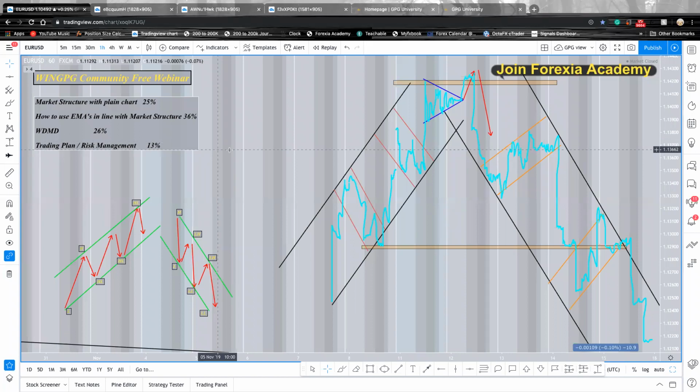And also risk management: how everybody manages their risk depends on their accounts, their trading behavior, and all kinds of stuff. But we respect your choice, and we're going to talk about how to use EMAs in line with market structure.